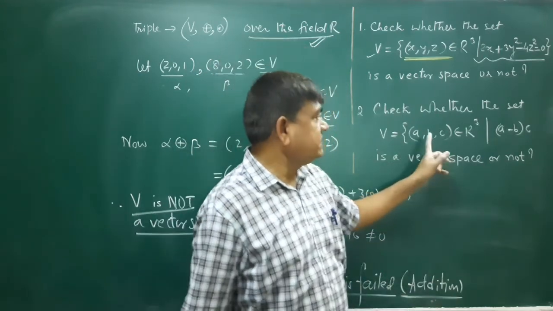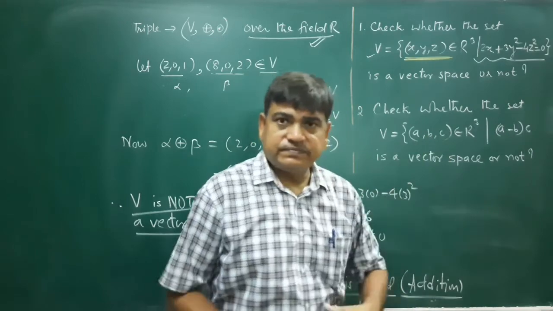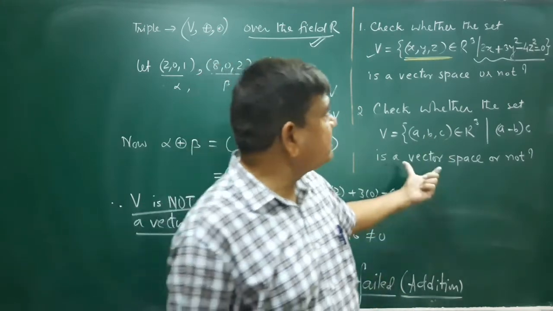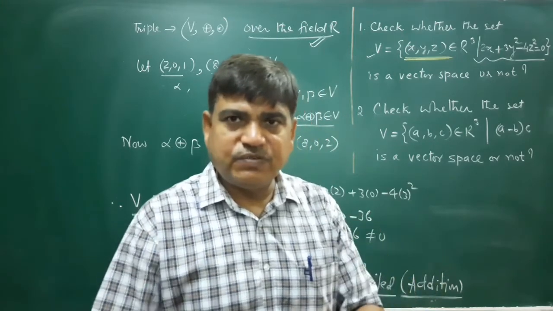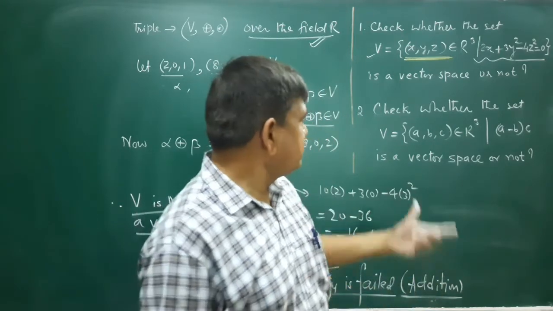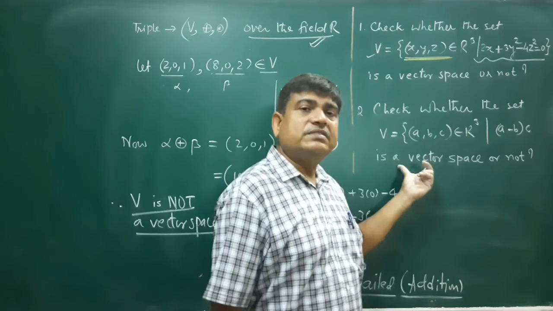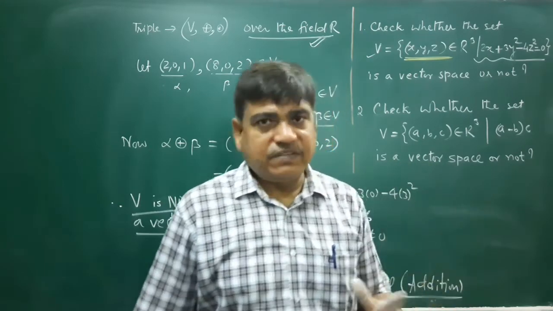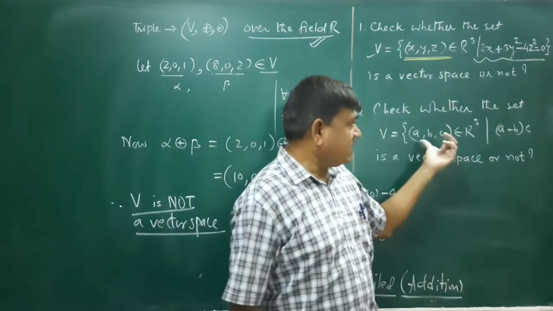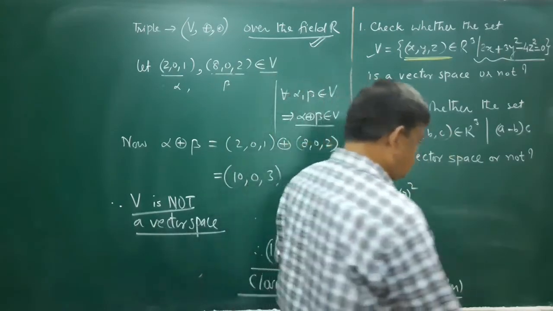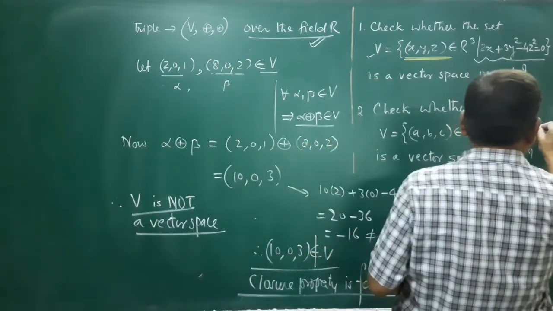Similarly, you try this question. This is for homework. You just find the counterexample in such a way that this is not a vector space. If it is a vector space, then it's okay. Again, you are given this. Here it is 0. Sorry.